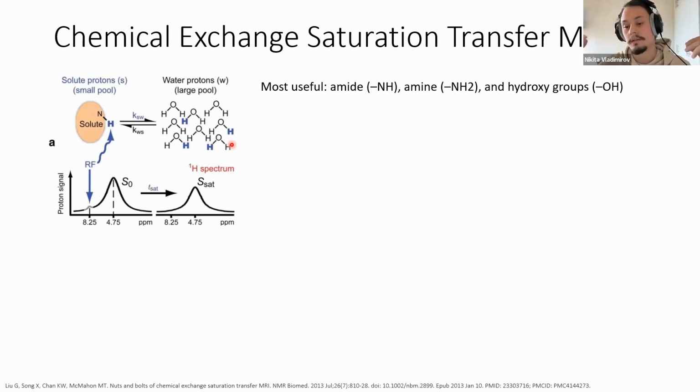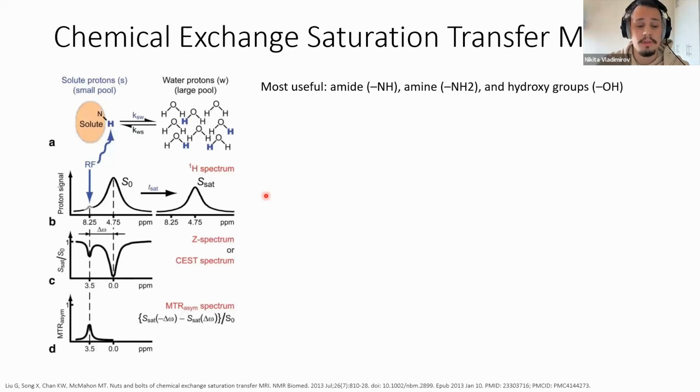So the signal is amplified multiple times, and this is why this method is more sensitive than, for example, magnetic resonance spectroscopy. What we are measuring here, you can see this kind of spectrum data, and this is the H1 spectrum. We actually just measure our water signal, because when the solute proton transfers its saturation to the water, it decreases the net magnetization of the water and decreases the signal, which we see.